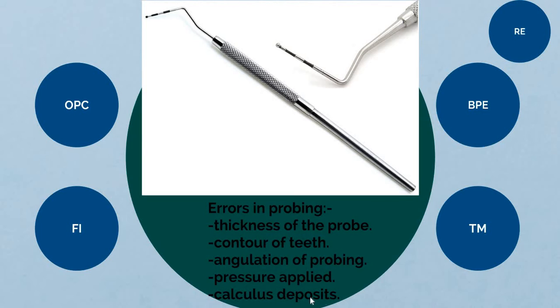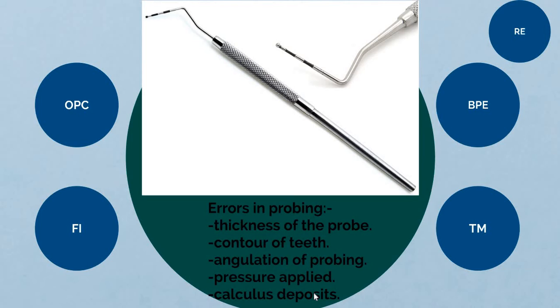And also calculus deposits, because calculus plays an important role in inhibiting you from inserting the probe. Sometimes, when we have a huge amount of calculus, we do a preliminary diagnosis with the calculus present, not letting us insert the probe in all of the areas.